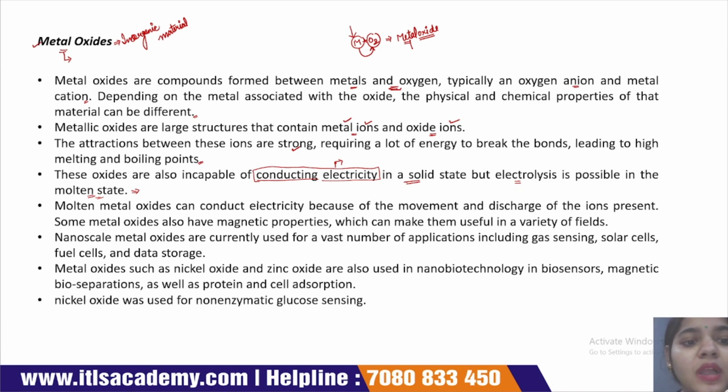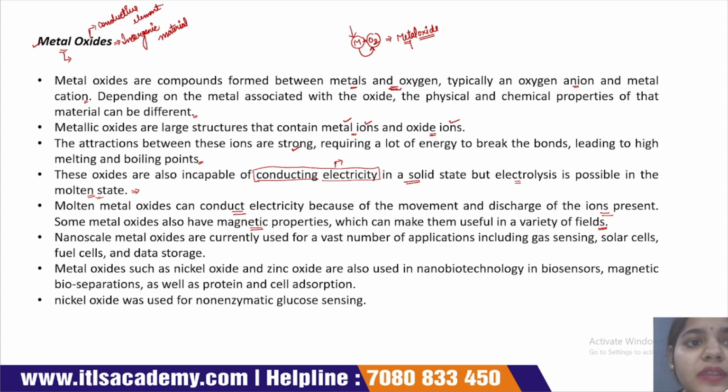Molten metal oxide can conduct electricity because of the movement and discharge of the ions present. Some metal oxides also have a magnetic property, which can make them useful in a variety of fields. First property is that a metal oxide in molten form is a conducting element.